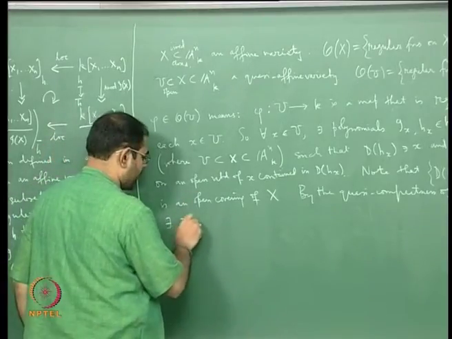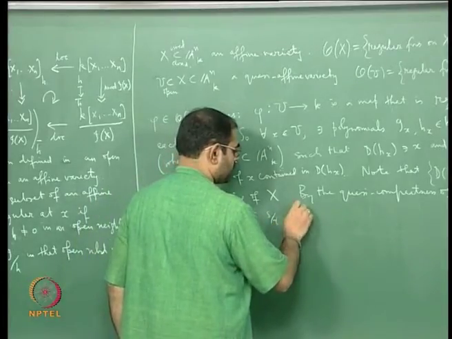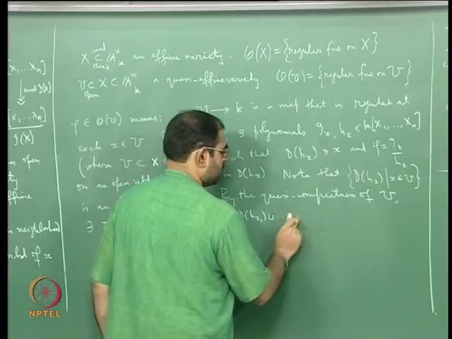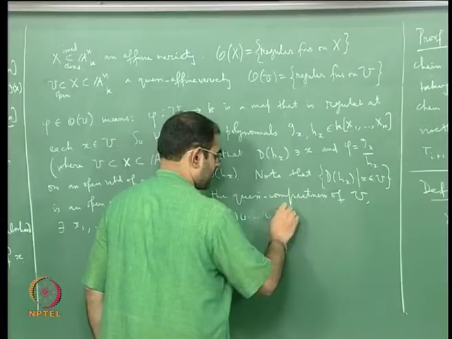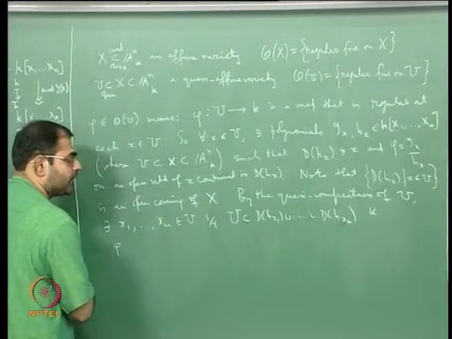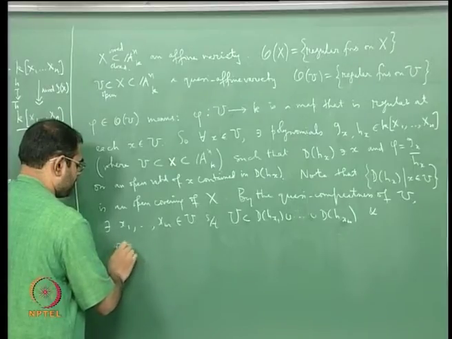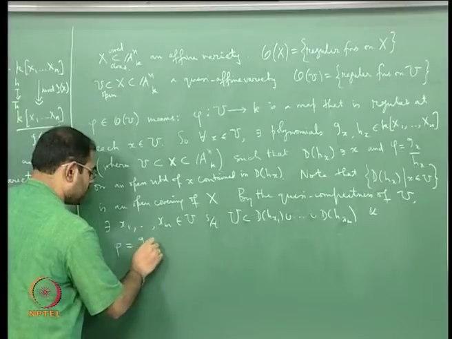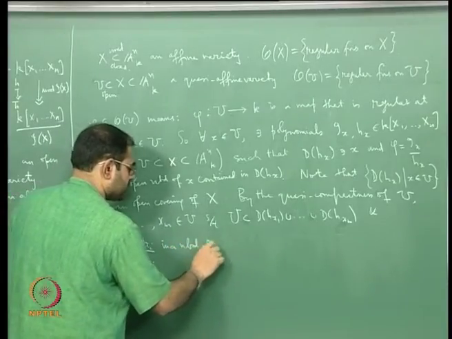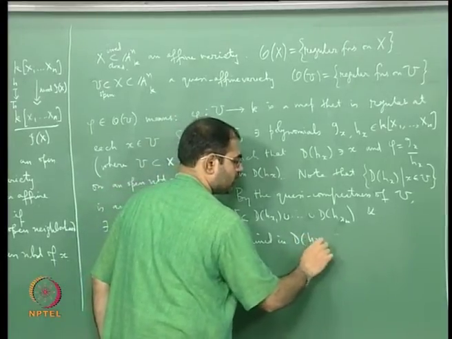So what it means is that there exist x1, etc., xm in U such that U is contained in the union of all these D(h_x1), ..., D(h_xm), and of course phi restricted to a neighborhood of xi contained in D(h_xi) is g_xi by h_xi, for every i.